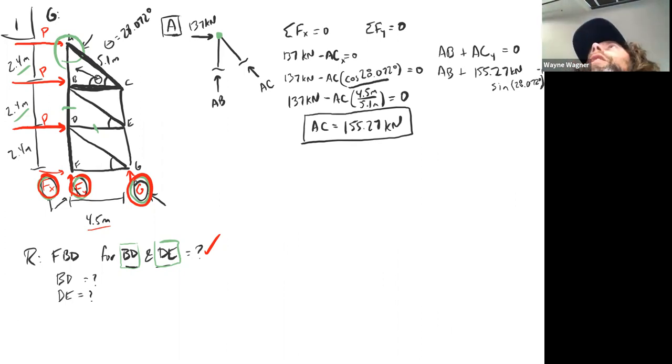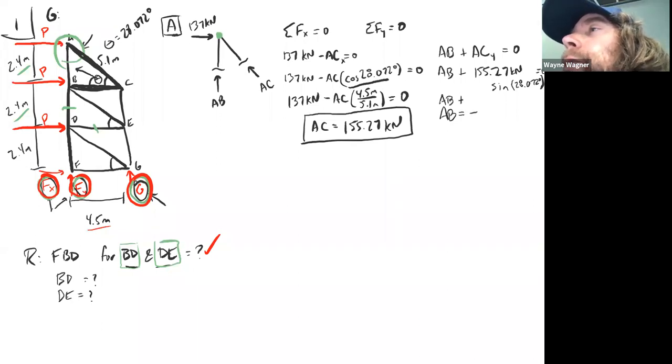Sorry, that's a little sloppy and squeezed in there. Now we solve for this, and we're going to end up with a negative sign. So AB equals negative, and again, what I'm going to do instead is 155.27.